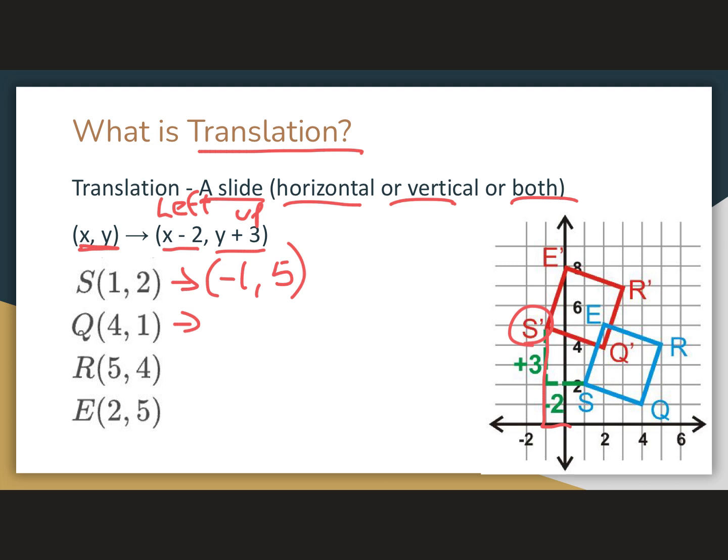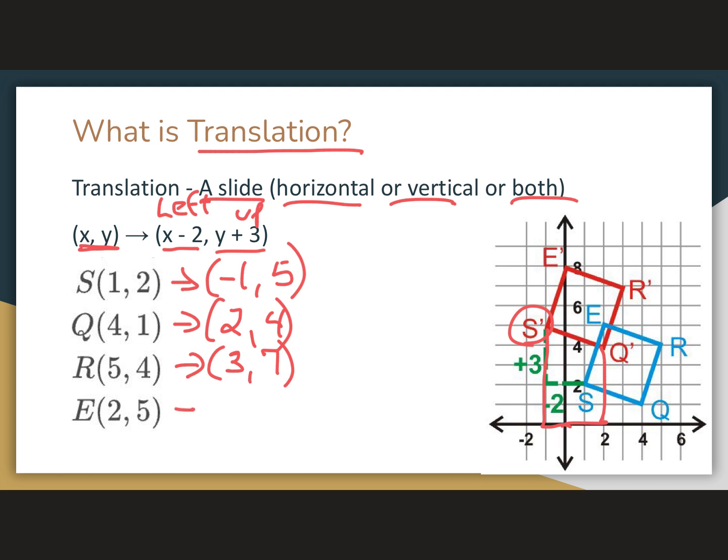Q, again, we're going to subtract 2. So a 4 becomes a 2. We're going to add 3 to the 1, so that becomes a 4. So if you notice, that's at (2, 4). R, we're subtracting 2, so that becomes 3. Adding 3, so that becomes 7. And you can check that that's where that point is on the coordinate plane over there.